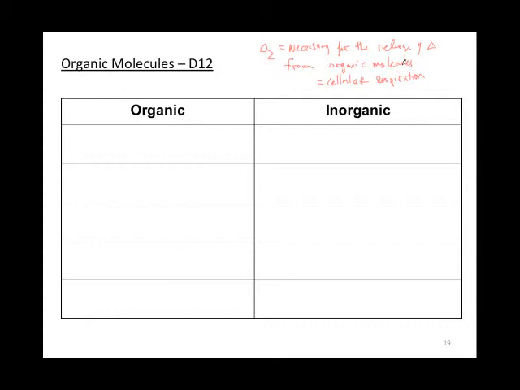And this is the cellular process that breaks down carbohydrates, lipids, and proteins to produce ATP for our cellular needs. So oxygen is very, very important for that.